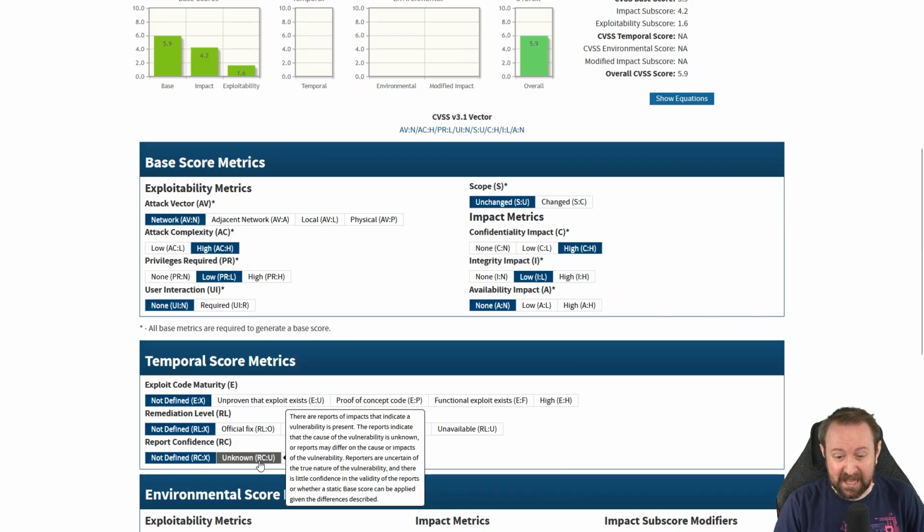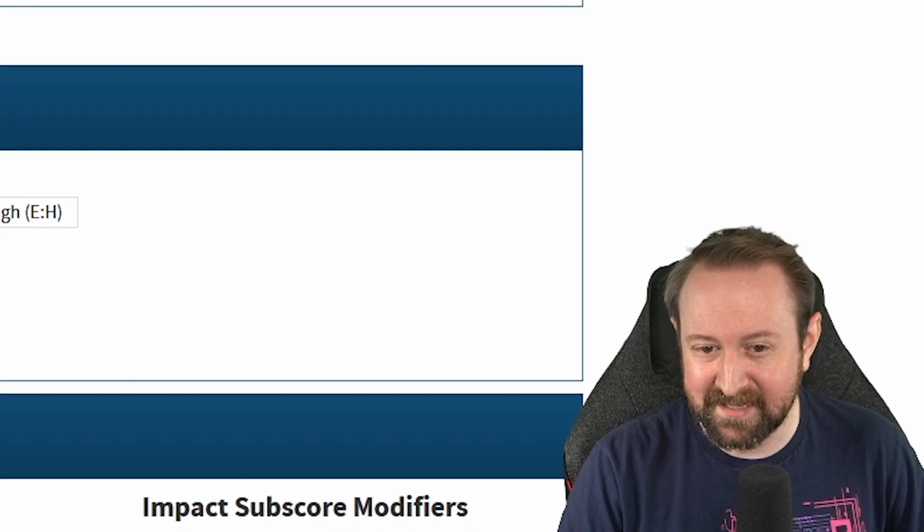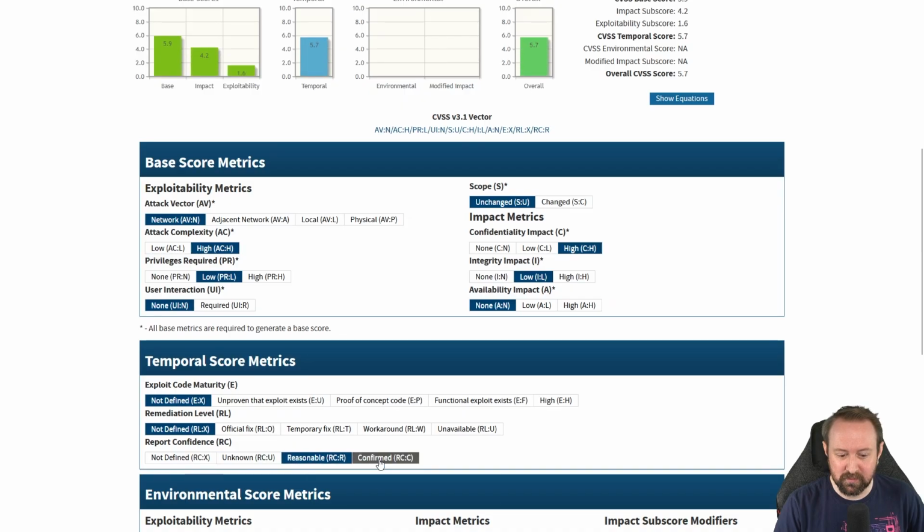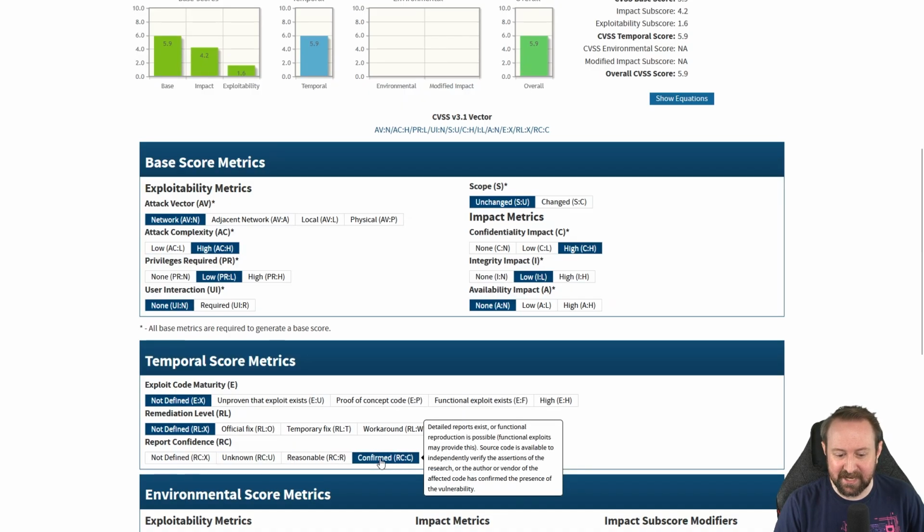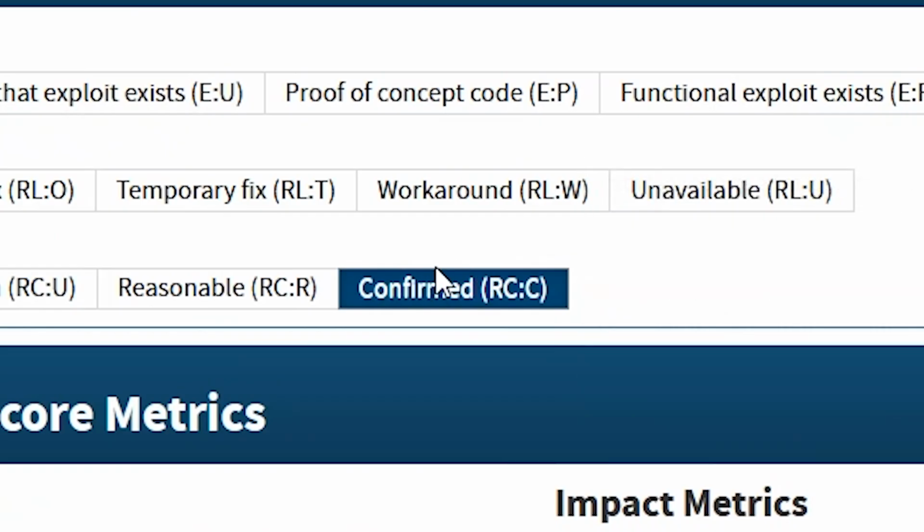But the idea is this vulnerability is maybe kind of new. There's some interesting things that people have done with it, but there's no real actual proof that the vulnerability properly exists or that the impact is that bad. So, you can switch between these. If a vulnerability is actually being actively exploited, right, and there's detailed reports, especially from a vendor, you can put confirmed.